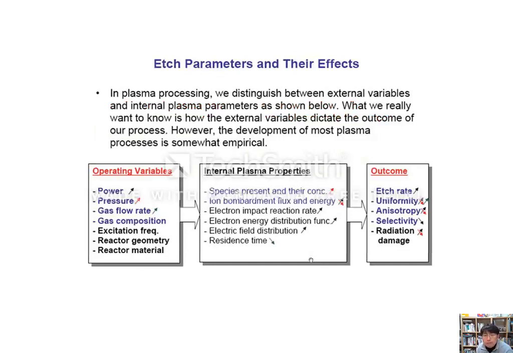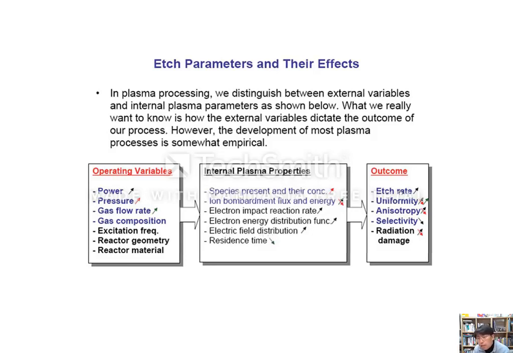Okay, etch parameters and their effect in plasma processing. When you figure it out, those operating variables are power, pressure, gas flow, and gas composition. The outcome is likely like this: if you increase the power, for example, this is the black arrow, then you're likely going to increase the electron impact or reaction rate, the electron energy distribution function increases, and the electric field distribution increases.